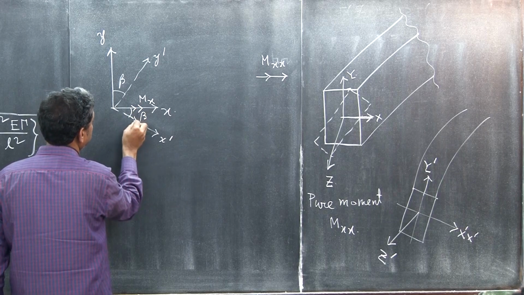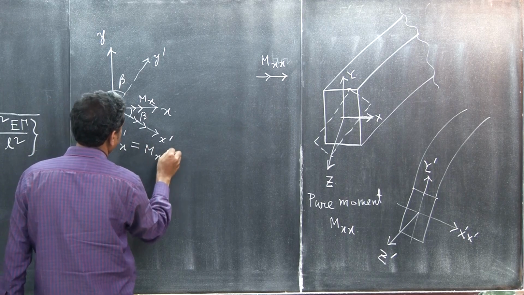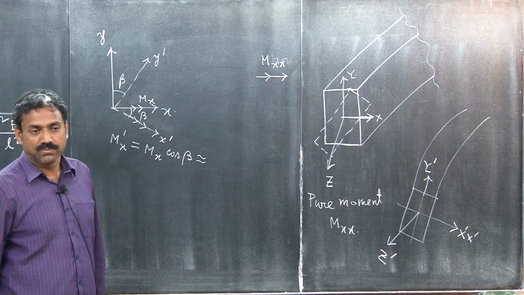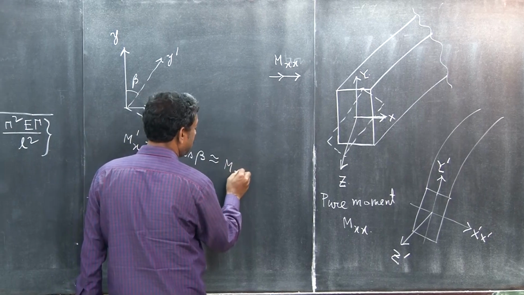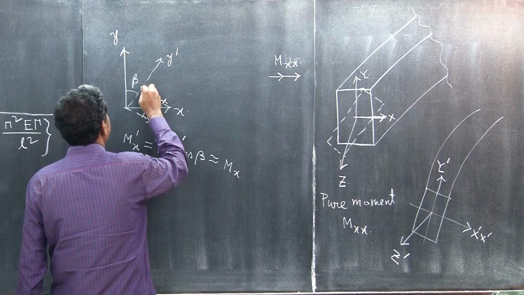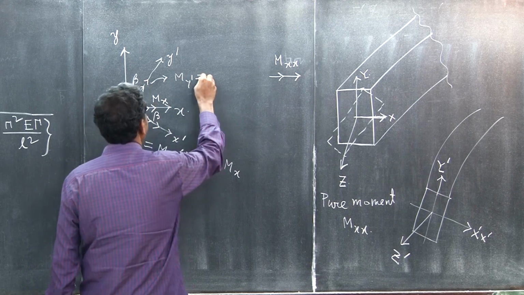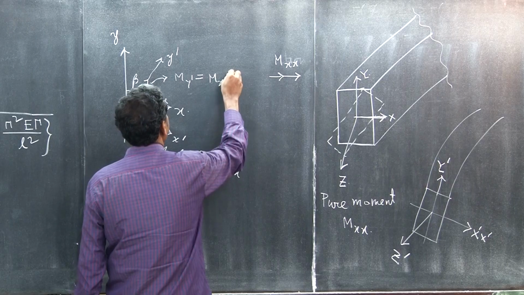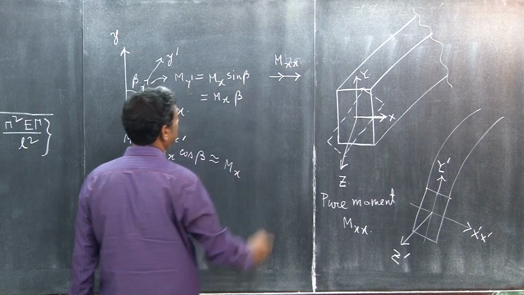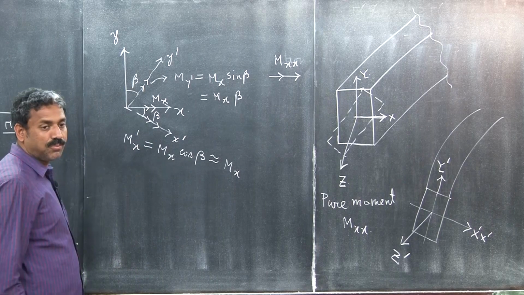Then it will have two components: M x dot is M x cosine beta, and for very small deformation, beta tending to 0, it is essentially M x. And then the other component M y dot is M x sine beta, which is M x into beta, since sine beta is equal to beta. I am just considering the components.